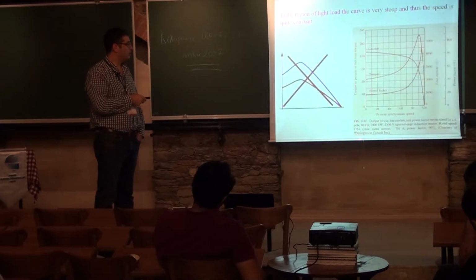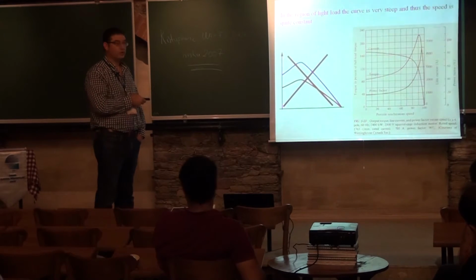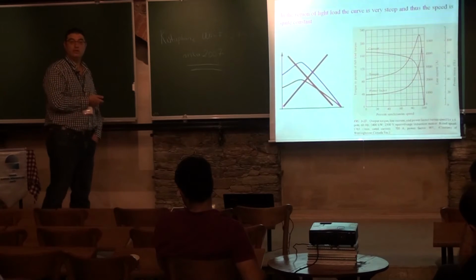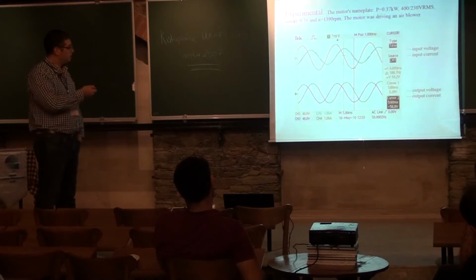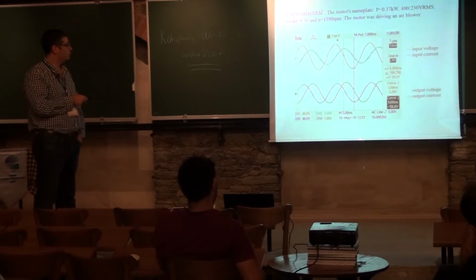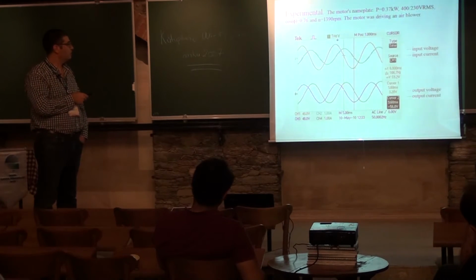They look rather like this. The curve in this region is very steep. So even if we reduce the voltage, we still operate pretty much at the rated speed. That's some experiment example showing that by reducing the voltage, we also improve the power factor.